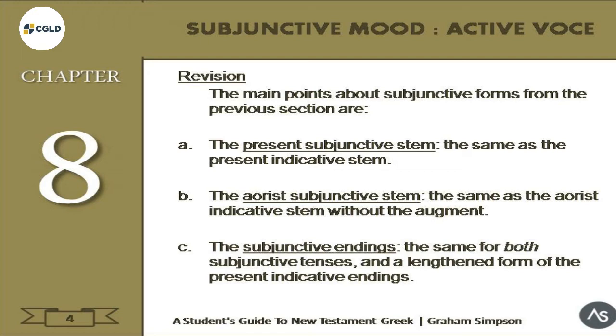Secondly, the aorist subjunctive stem is the same as the aorist indicative stem without the augment. Third, the subjunctive endings are the same for both tenses and are a lengthened form of the present indicative endings.